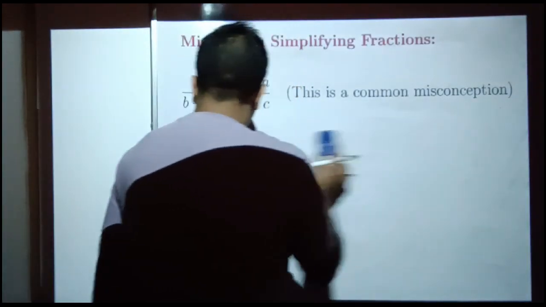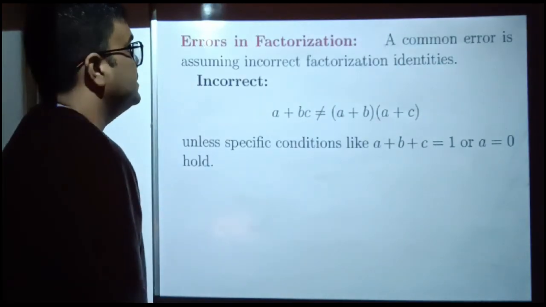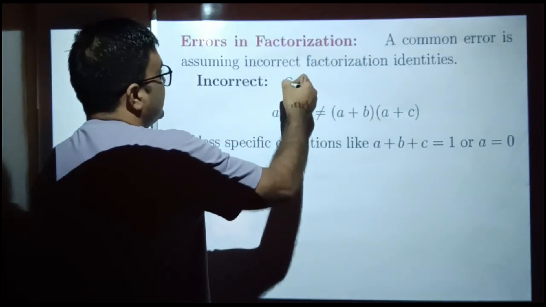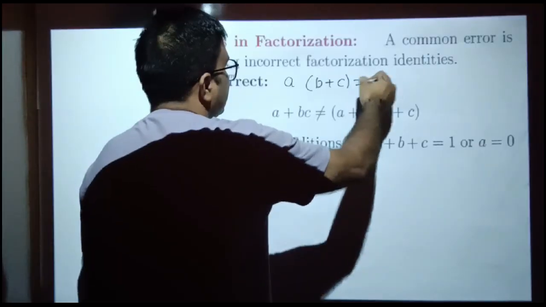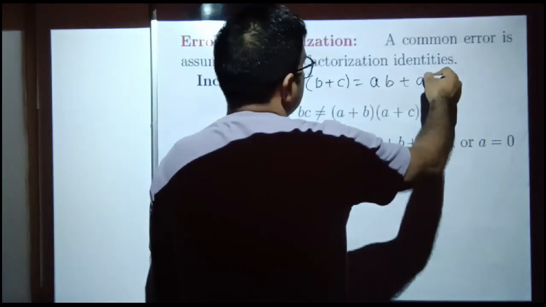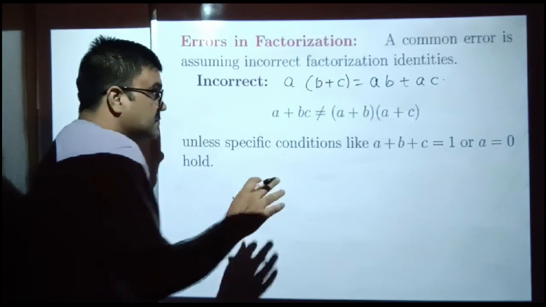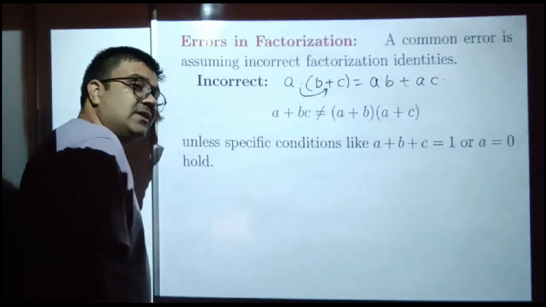Next is some errors in factorization. When we are talking about the distributive property, we have a into b plus c. You can write it as ab plus ac. What property is this? That multiplication is distributive over addition.